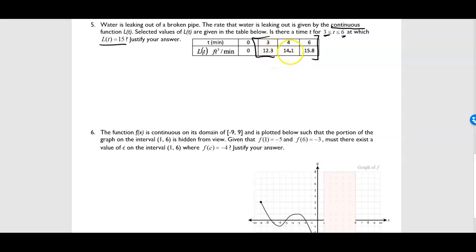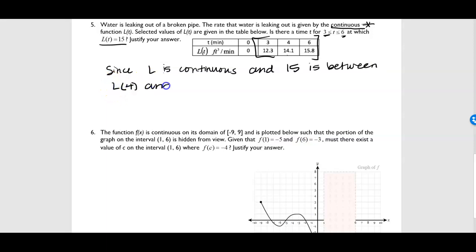If I look between 3 and 4, 12.3 to 14.1, I don't necessarily need to cross 15. From 14.1 to 15.8, I would have to cross 15 as long as my function is continuous, which it told me up here. So I can say since L is continuous, and 15 is between L of 4 and L of 6.